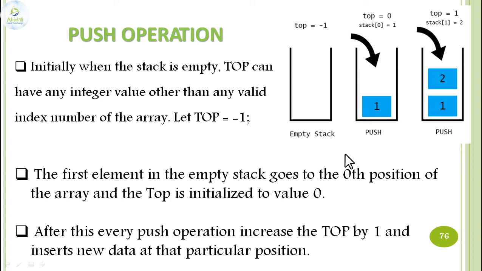In that scenario, the top value will be equal to -1 if the stack is empty. If the stack is empty, insertion is possible. Insertion is not possible if the stack is full. We'll see how to write the condition.